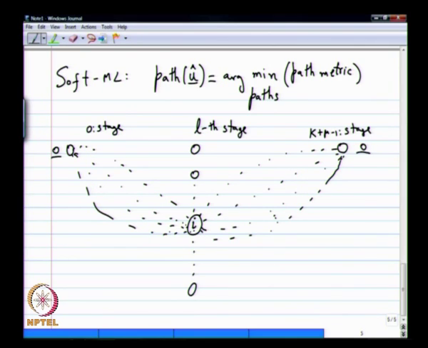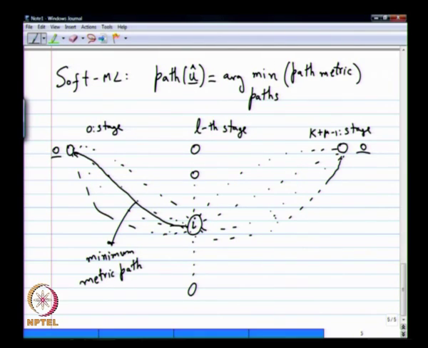So that is the idea, I am doing it sequentially as opposed to doing it totally. At this lth stage, I only worry about the minimum path metric up to that point, but I have to do it state wise. For the state I, there will be one path which is the minimum metric path. I can only keep this and throw away all the other paths from 0 to state I.